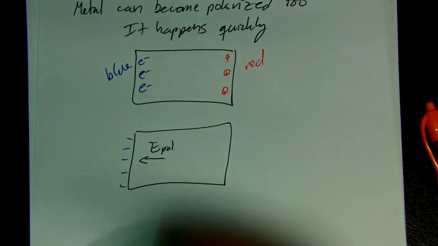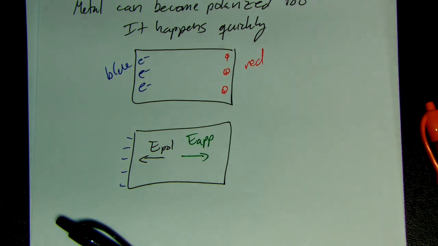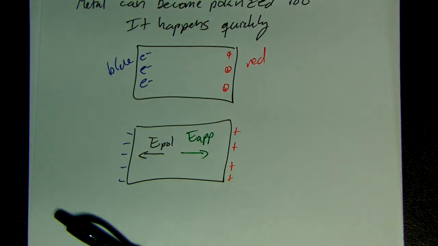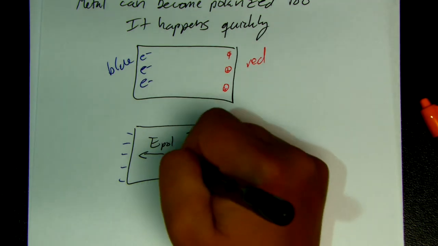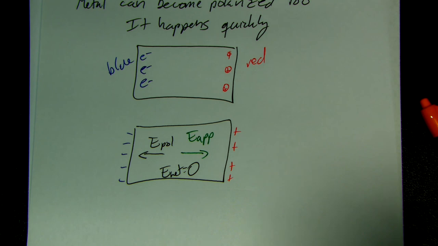And then you have the applied electric field, which has driven the positive charges to that end, and then the net electric field is equal to 0. So when a metal is polarized, the net electric field is equal to 0, and it's a result of the polarized field, which is going in the opposite direction of the applied field, equaling each other out.